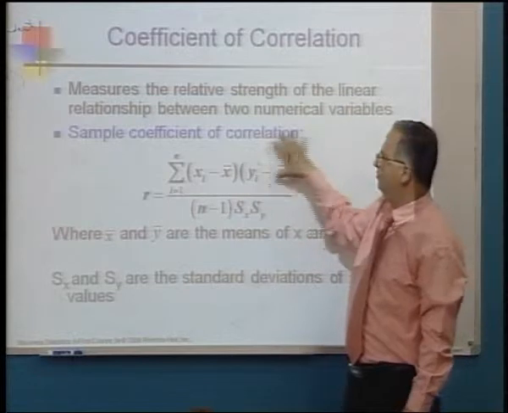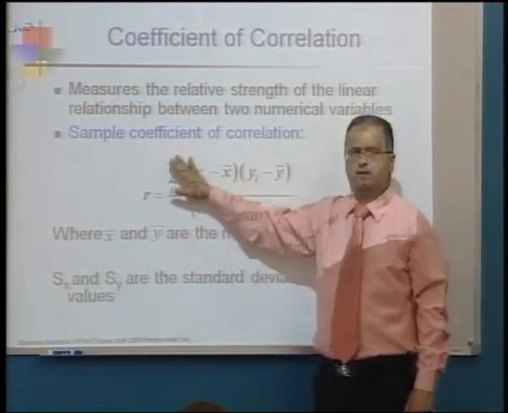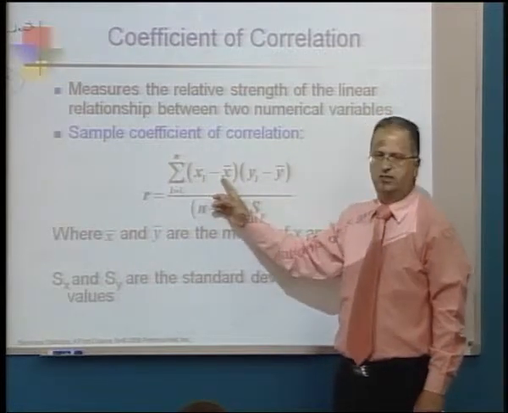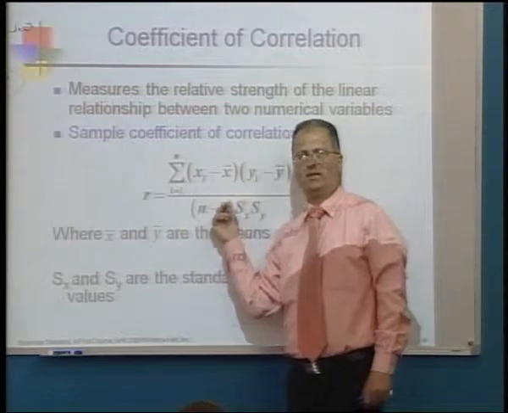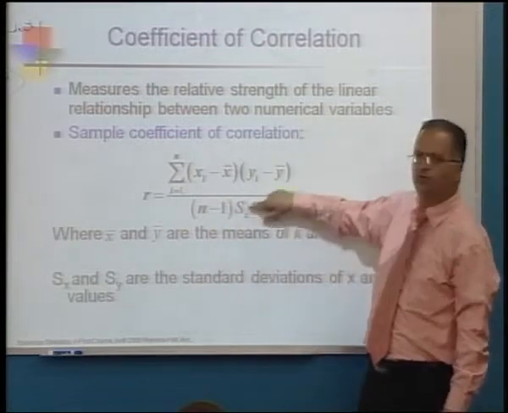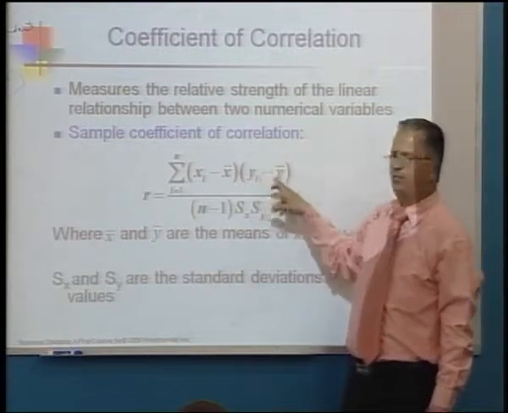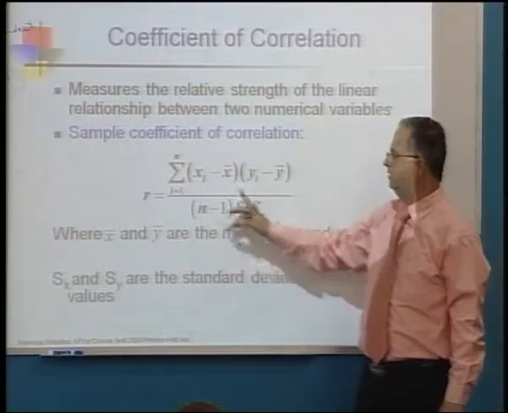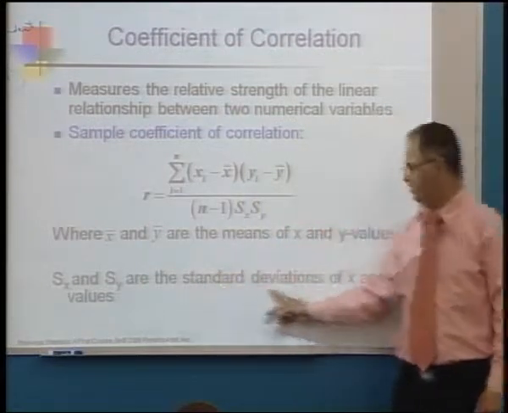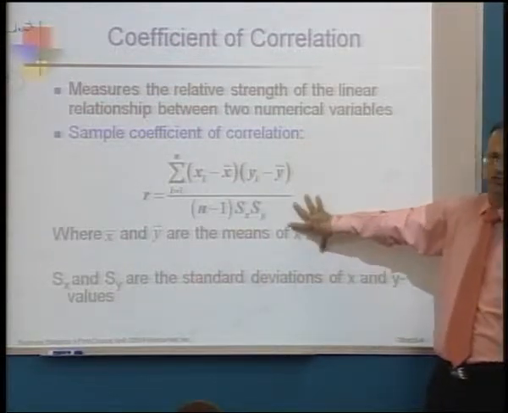Sample correlation coefficient is given by this equation, which is the sum of the product of xi minus x bar, yi minus y bar, divided by n minus 1 times standard deviation of x times standard deviation of y. We know that x bar and y bar are the means of x and y respectively, and sx, sy are the standard deviations of x and y values.